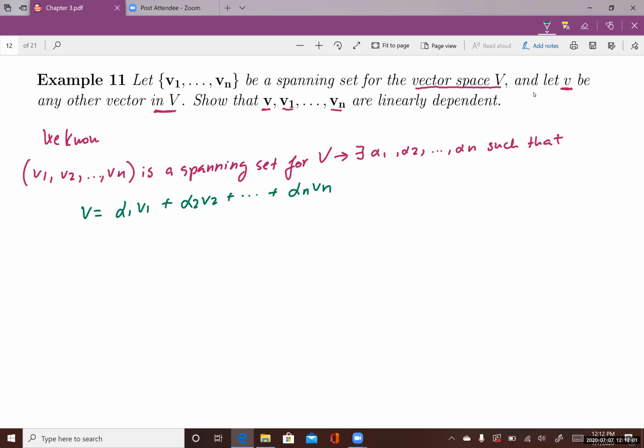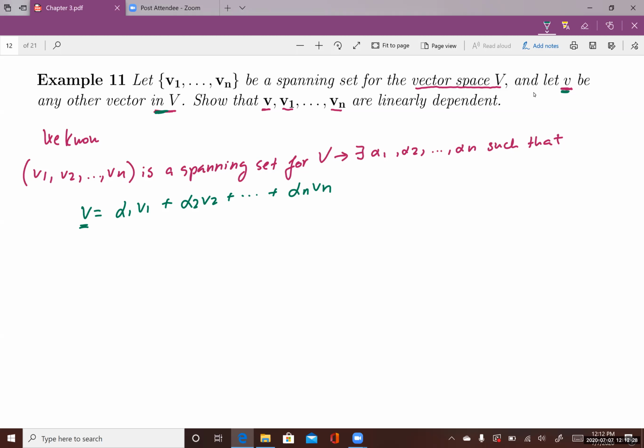Again, the vector v here is a vector in the vector space V. So if v1, v2 to vn is a spanning set for V, then there will exist a set of scalars alpha 1, alpha 2 to alpha n such that v equals alpha 1 v1 plus alpha 2 v2 plus alpha n vn.